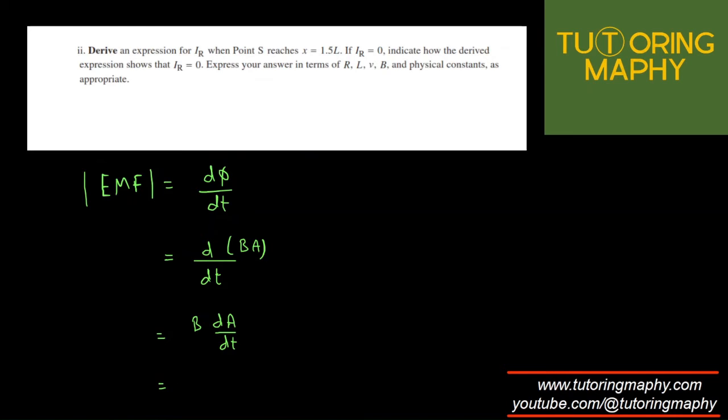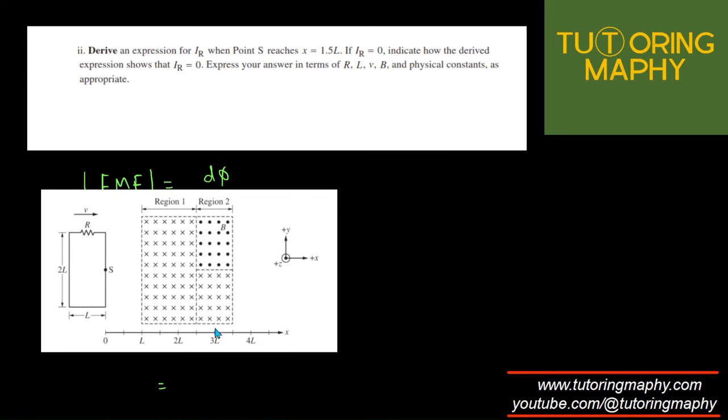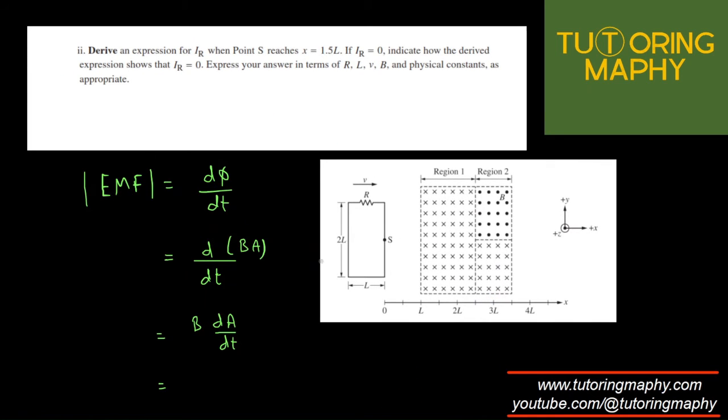And what is going to be the area? I can again pull that up. The area is going to be length, which is 2L, which is constant, times whatever it has penetrated inside, which is just x, right?